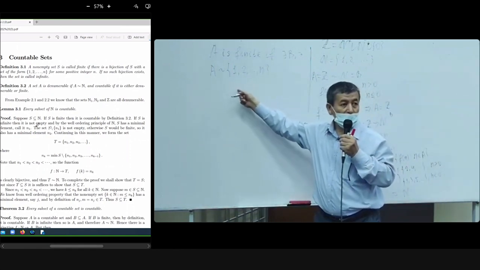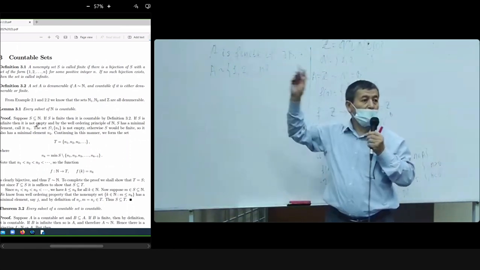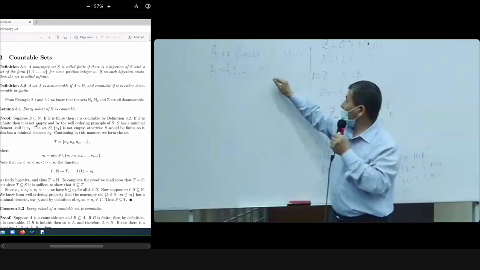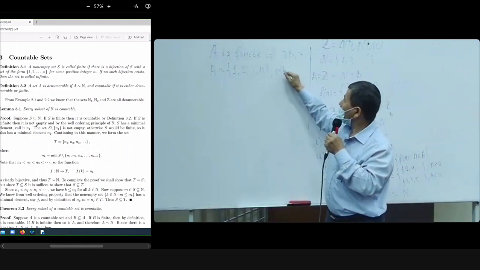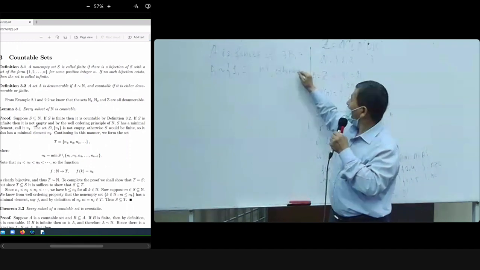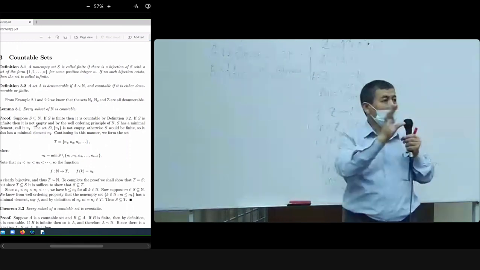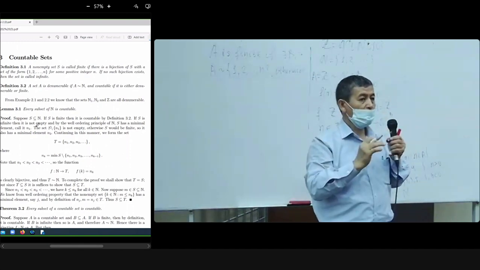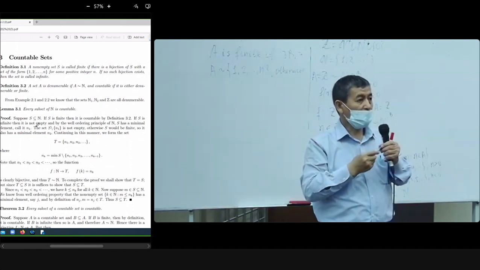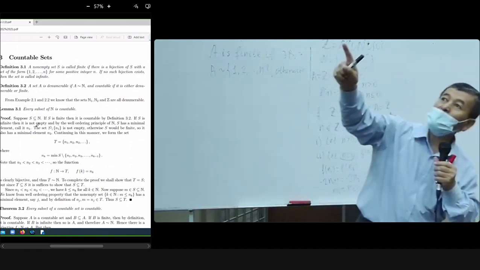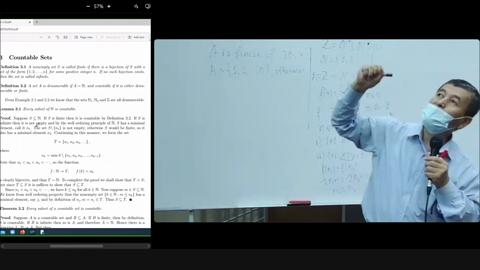So if A is equivalent to this, A is called a finite set. Otherwise, the set A is an infinite set. Okay? Not finite, infinite set. The definition above is given, right?